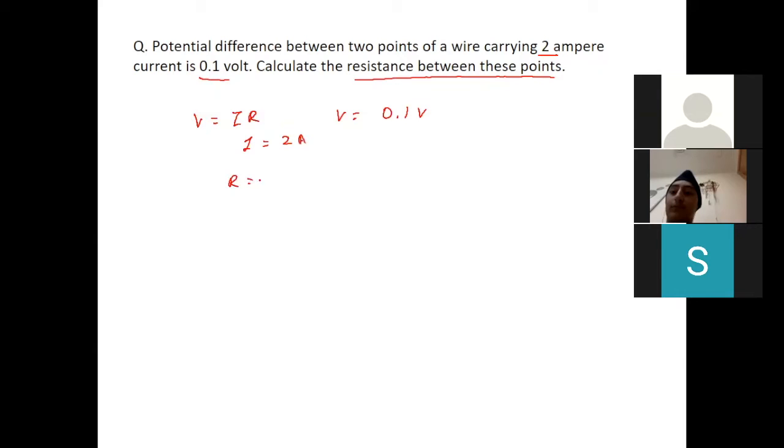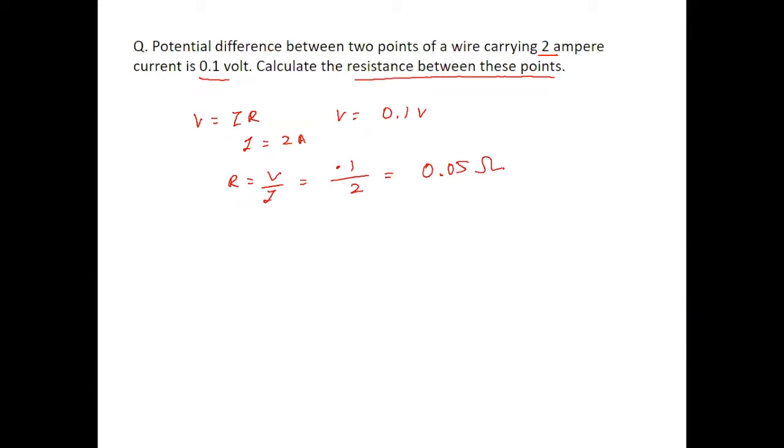So R equal to V by I, 0.1 by 2, so 0.05 ohm.